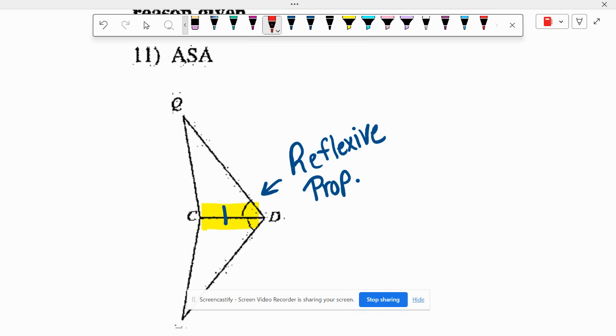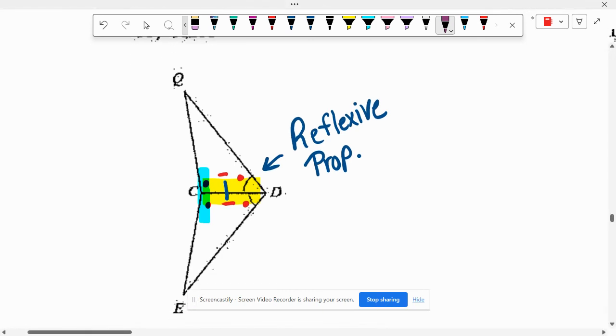So I'm going to use angle, side, angle. So what's the missing piece? Missing piece are those angles right there. So how do I say that I need those 2 angles to be congruent? I have to name them by their letters. Angle QCD has to be congruent to angle ECD.